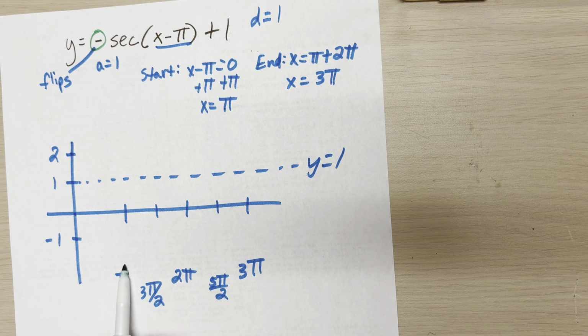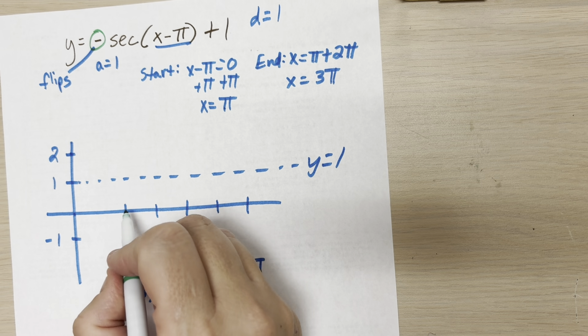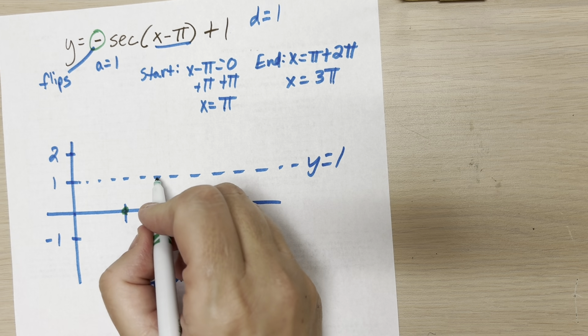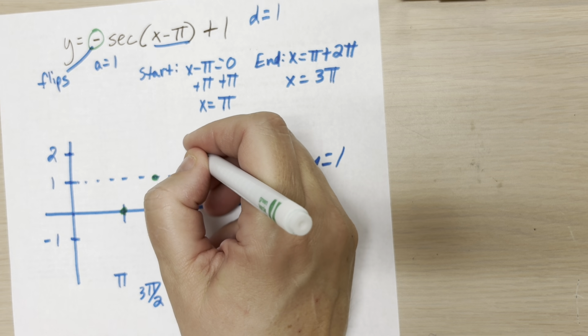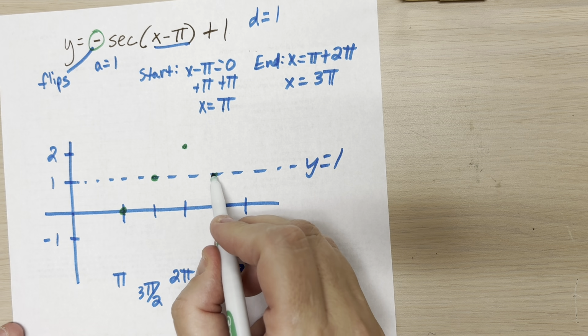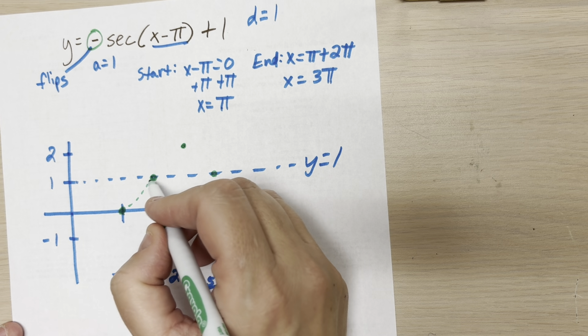So when I go out to pi, I don't start at the midline, I'm not starting high, I'm starting down here low. Then at my next interval, I'm going back to the midline. Then I go up here to 2, then I go back to the midline, and then back down to 0.